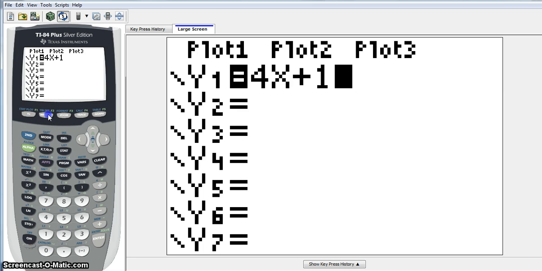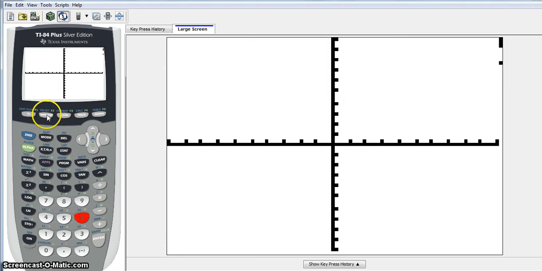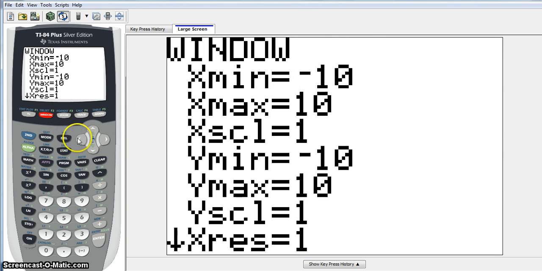And we want to adjust our window to y from negative 40 to positive 40.